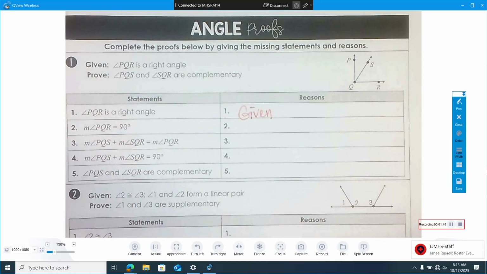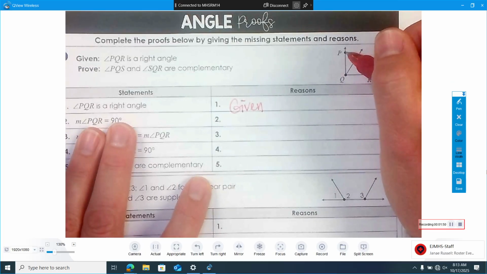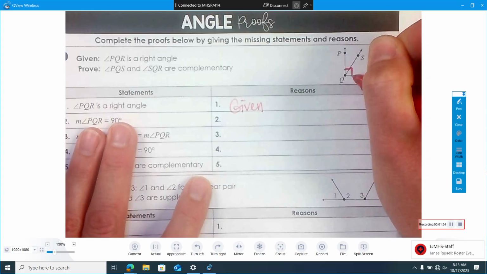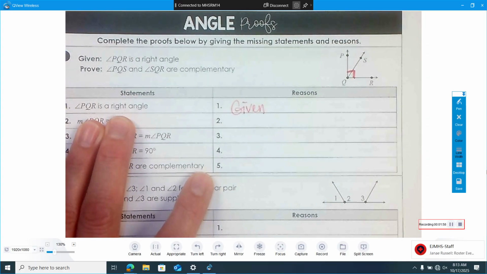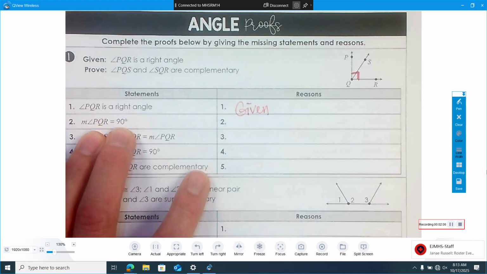All right, so I'm going to mark my picture because it's really important that you do that. There we go. PQR is a right angle. Ladies and gentlemen, what does it mean if I have a right angle? What do we know? It's equal to 90 degrees. Look at that. That's the second step. Good job. How did you know that?